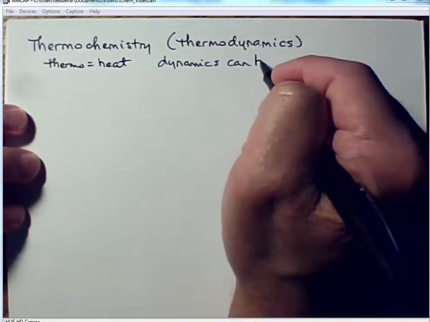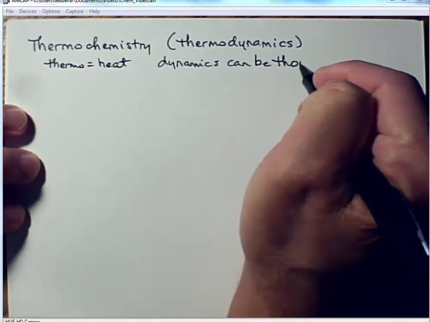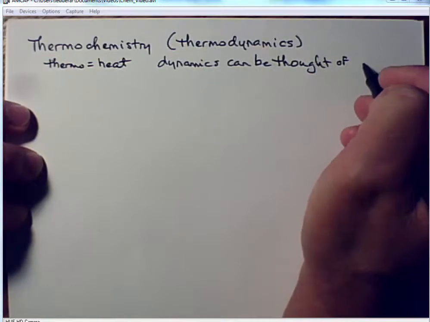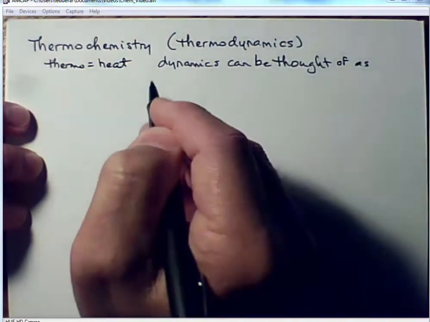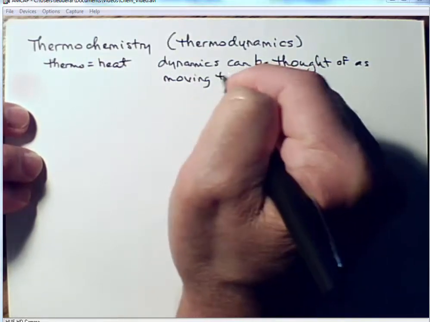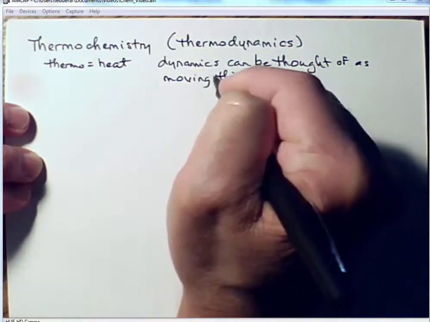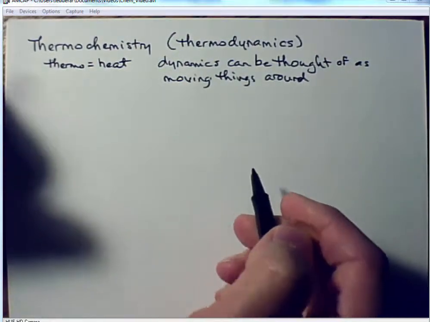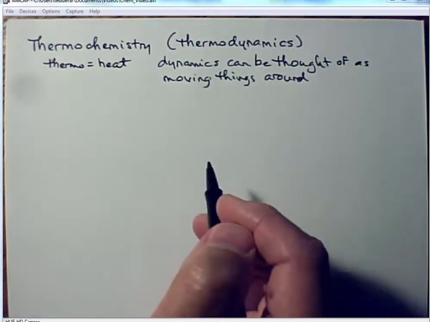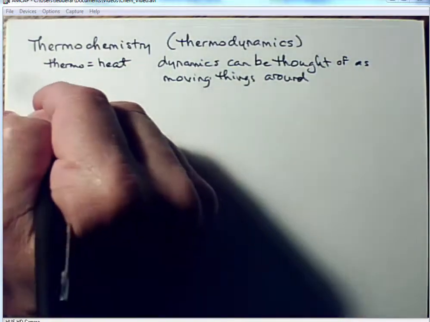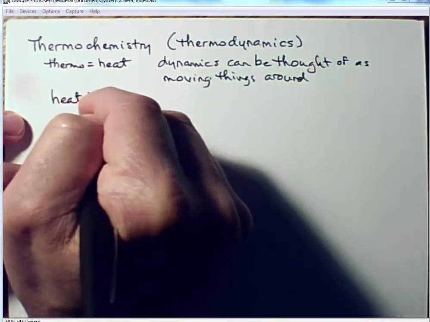Dynamics can be thought of as moving things around. So thermodynamics is about moving heat around. Now heat is a form of energy.